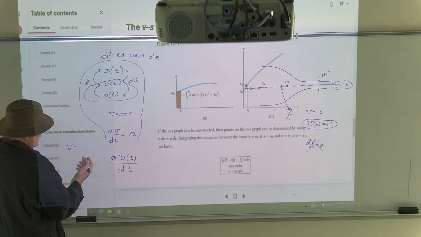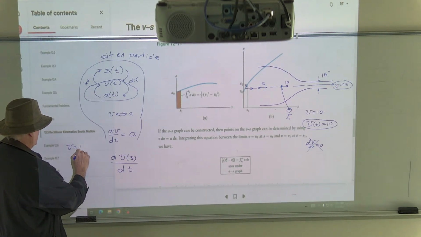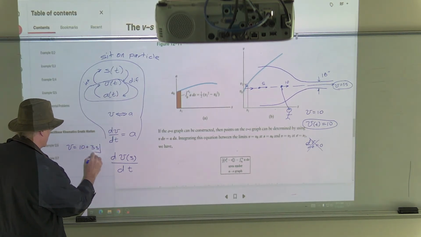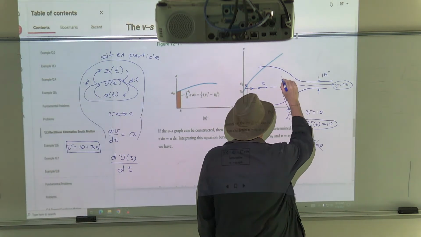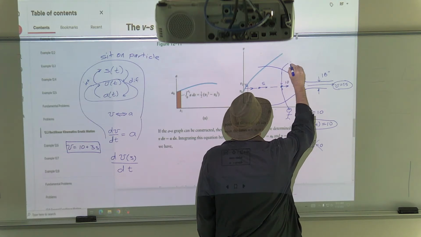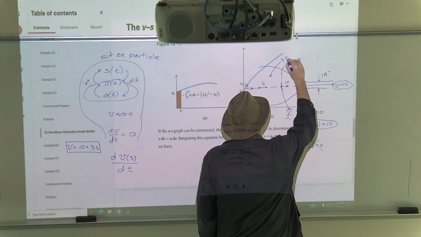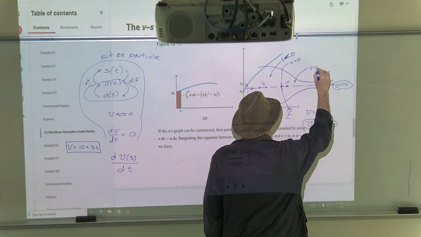Velocity is equal to, I'll put an equation on it, 10 plus 3s. And what I'll do is I'll say this is s equals 0. Back here is s is equal or less than 0. And over here, s is greater than 0.